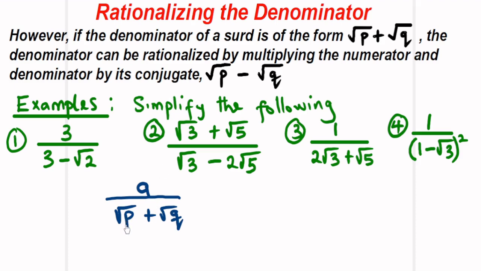So what is the conjugate of root p plus root q? The conjugate is root p minus root q. So we're going to apply this to the numerator and the denominator.